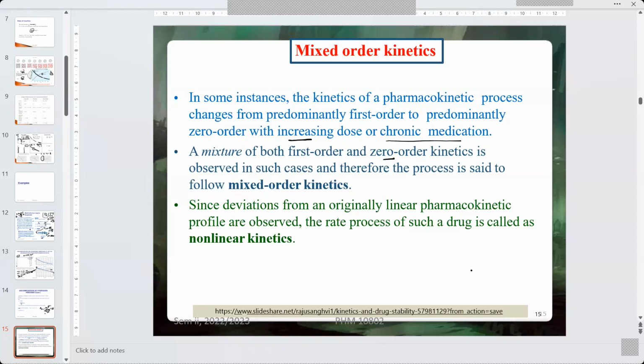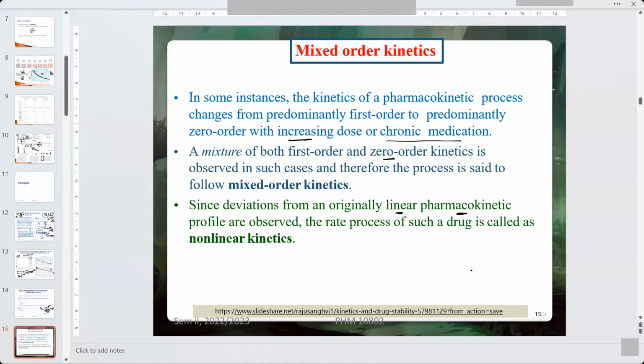Okay, so in case I study the change of drug concentration in the body, that's why we call this pharmacokinetics. Pharmacokinetics is the study of the time course of change of drug concentration in the body. We have linear pharmacokinetics and we have non-linear pharmacokinetics.